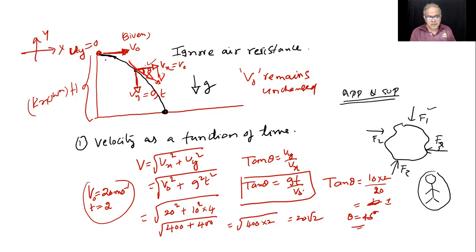But because of this g down, though the body did not have an initial velocity here, it keeps gaining velocity in the vertical direction. So the magnitude of total velocity will be more than what you've given here. V0 was 20, we have seen, but V was 20 root 2 after a time of 2 seconds. Hope you all understood. Have you?